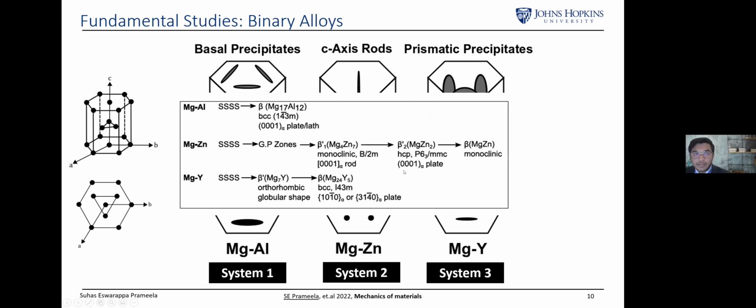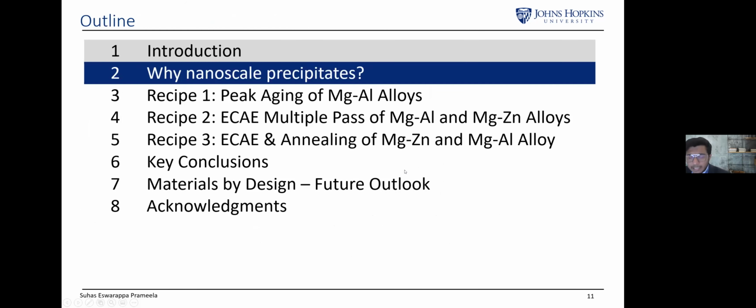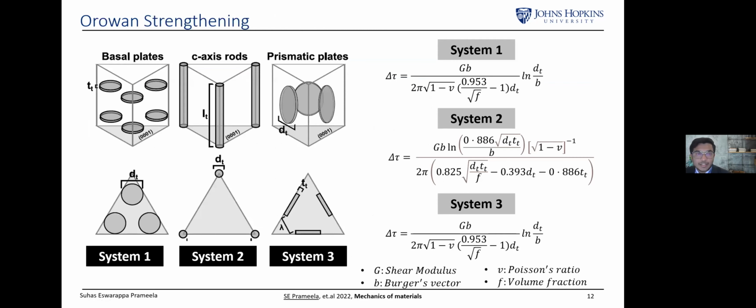And I'll talk about that in a little bit. Okay, so to keep this talk quite simple, I'm going to focus on one microstructural aspect. In our consortium, we focus on a number of microstructural aspects, but I'm going to try to convince you why nanoscale precipitates are so important in the design of magnesium alloys, right?